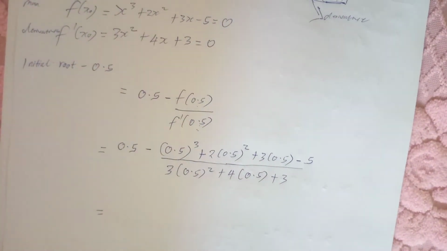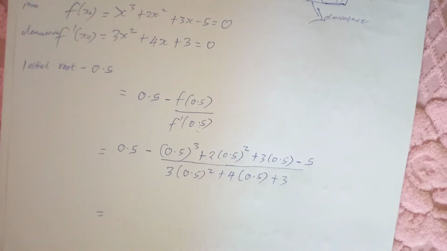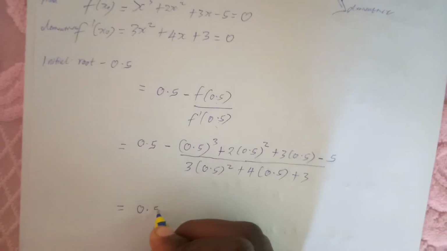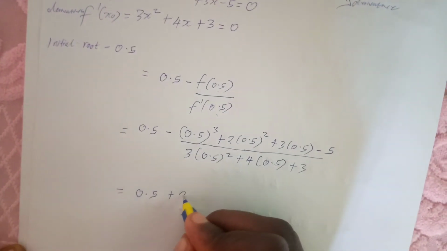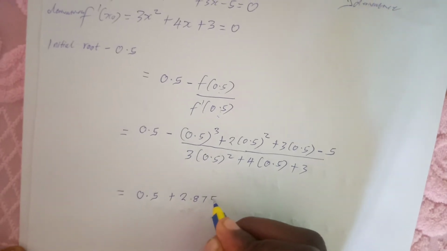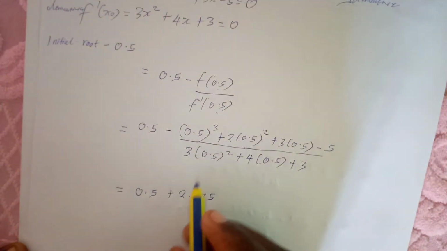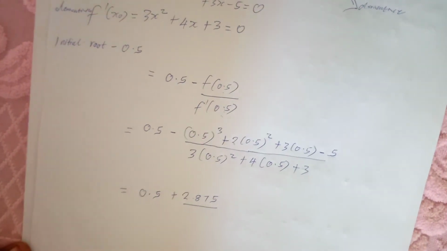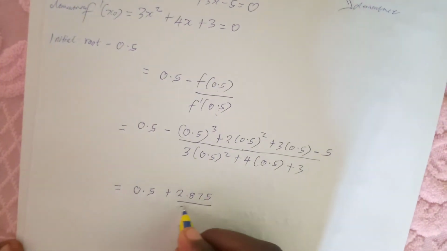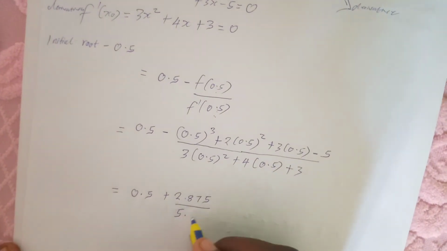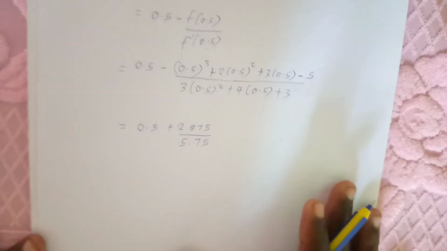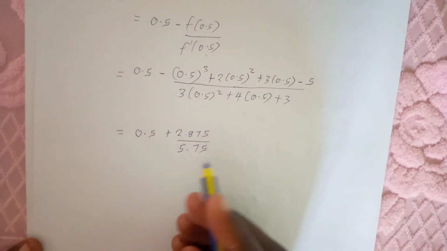According to my calculator, the numerator is 2.875, divided by the denominator, which is 0.75 plus 2 plus 3, which is 5.75. The division results in 0.5.